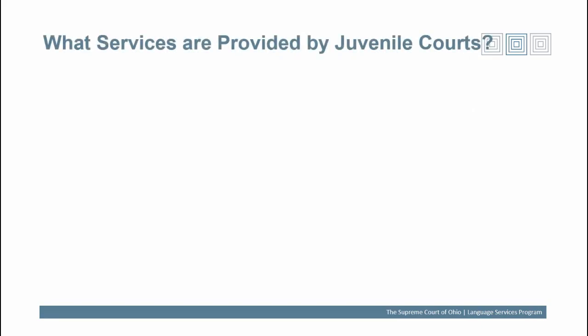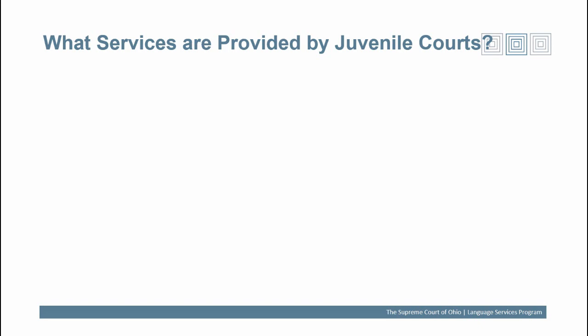Each juvenile court provides a series of services, and going directly to the source is usually the best way to get the information one needs, right? Whenever someone wants to know about the services provided by any given court, taking a quick look at that court's website is an invaluable resource.